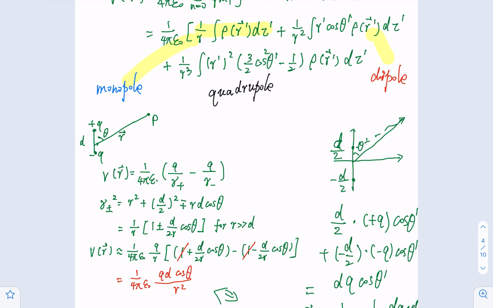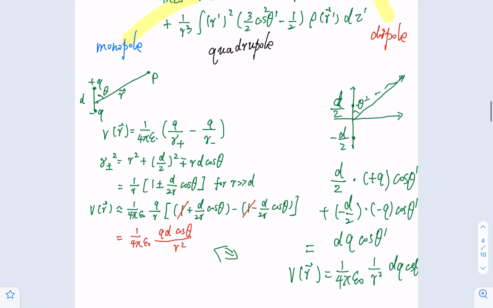So here, this r cosine theta prime is equal to a constant if we are looking at the far field limit, and then this r prime is d over 2 for the positive charge, and minus d over 2 for the negative charge.